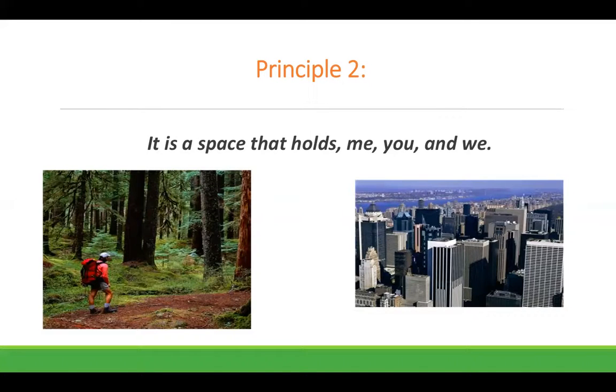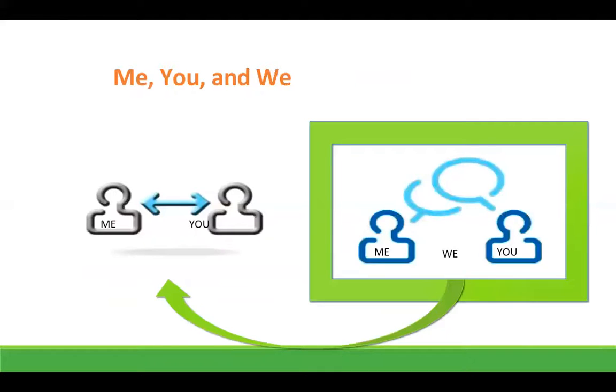So principle 2, it is a space that holds me, you, and we. Essentially understanding that in a collaborative environment, there is me and my agency and my perspective and my agenda, where I come from and my needs and my contributions and strengths and limitations. And there's yours.